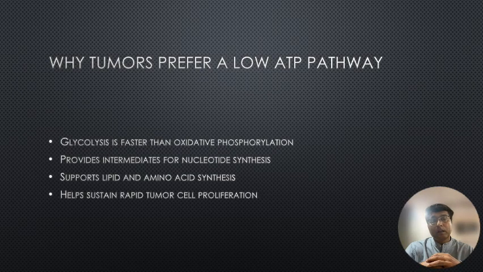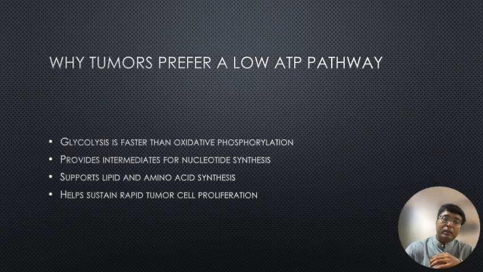All those things help to sustain the rapid tumor proliferation. That is the basis of taking glycolysis as the energy generating pathway rather than the entire oxidative phosphorylation by tumor cells or the cancer cells. Very important, and you should know this basic concept to answer the related question. Okay.